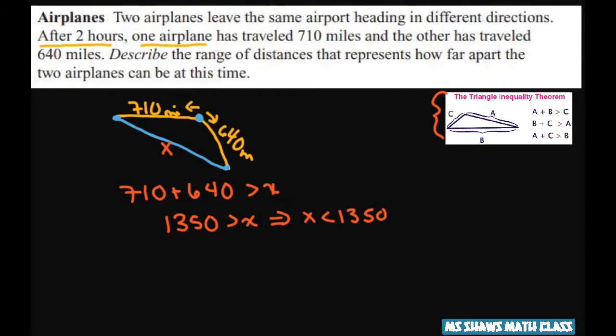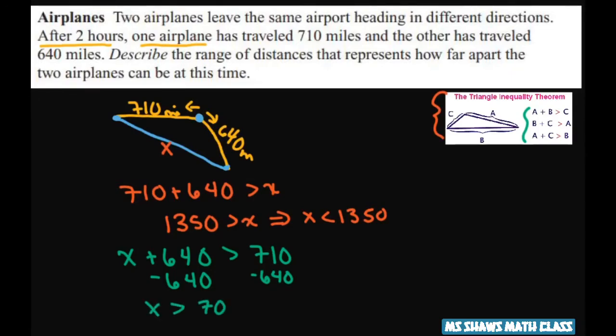Now what I want to do is set up the other two sides, and I'm not going to use all three because one won't work. So I'm going to set it up as x plus 640 has to be greater than 710. You subtract 640 from both sides, and you'll get x has to be greater than 70. If you switch these two numbers around, you'd get a negative x, and we don't want that.